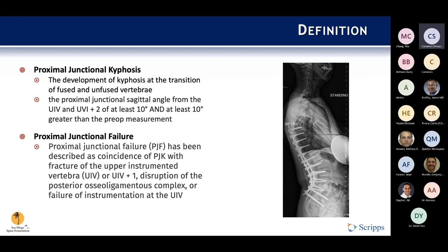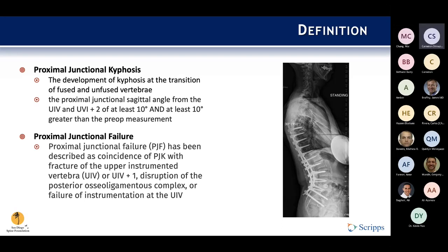With more technical definitions, when you're looking at the literature and trying to see how this is studied, it is the proximal junctional sagittal angle from the UIV to the UIV plus 2 of at least 10 degrees and at least 10 degrees greater than the pre-op measurement. So that would be your definition for PJK.